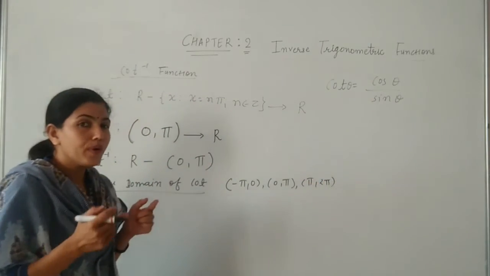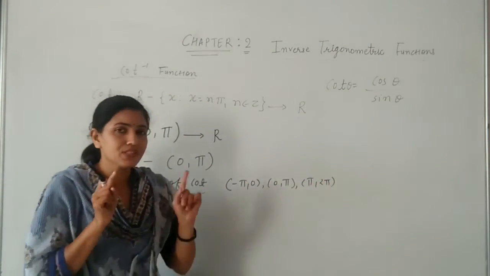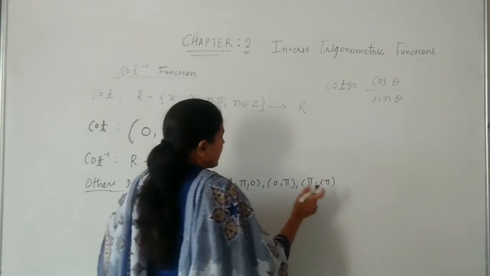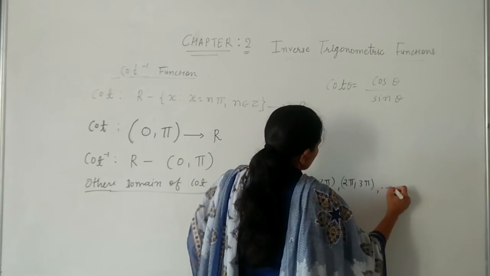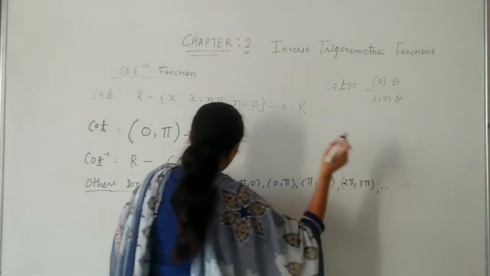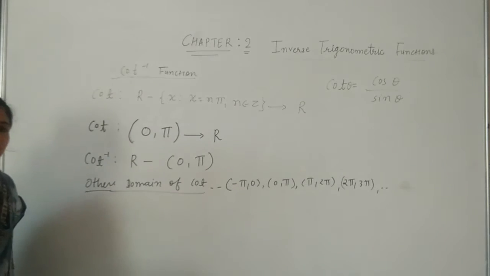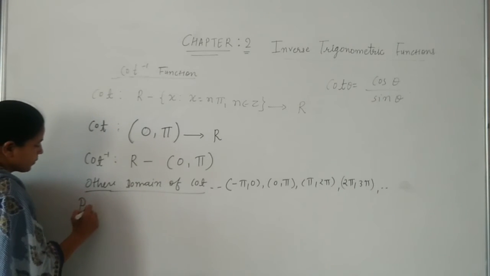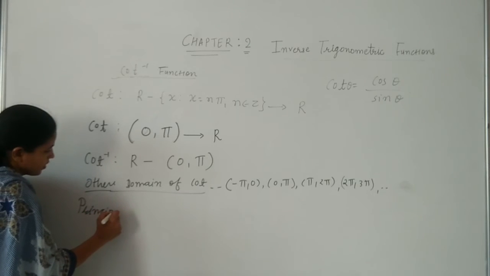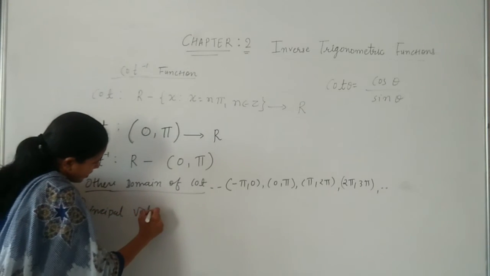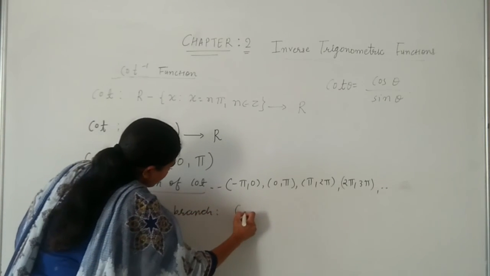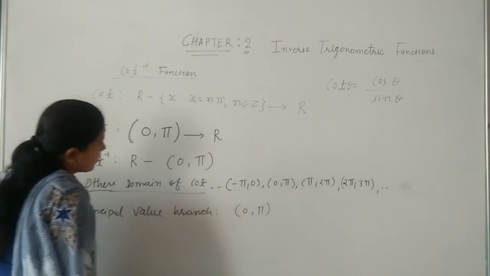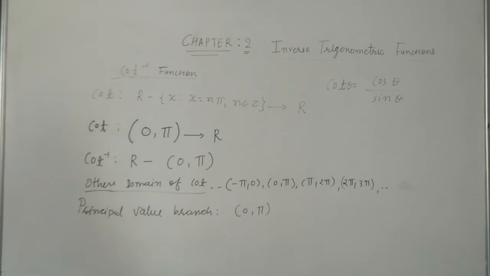But all are open intervals. Similarly, 0 to pi, pi to 2 pi, 2 pi to 3 pi, and so on, and similarly on this side. So these are the other intervals. But from these, which one is the principal value branch? The principal value branch is 0 to pi.